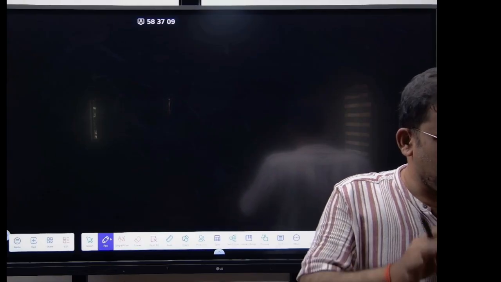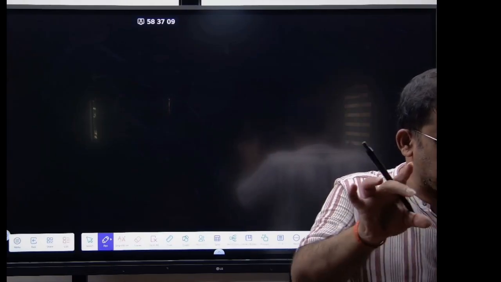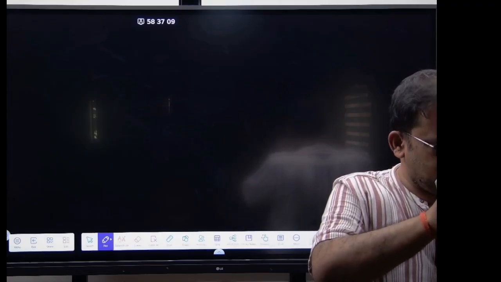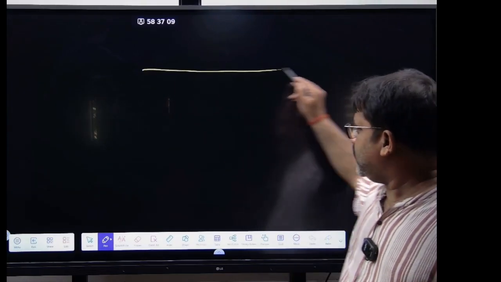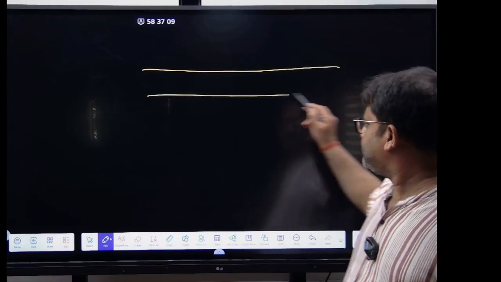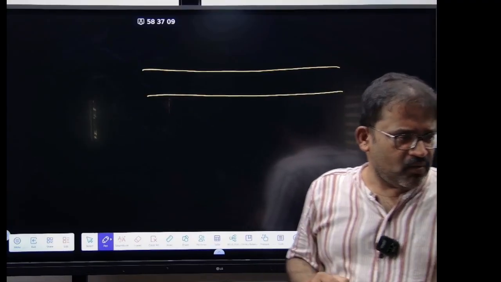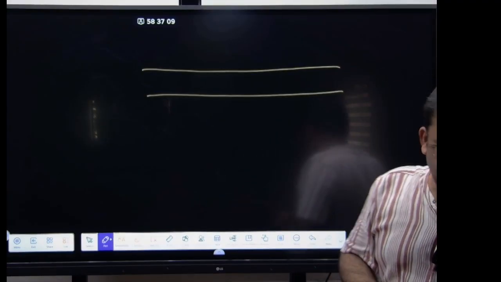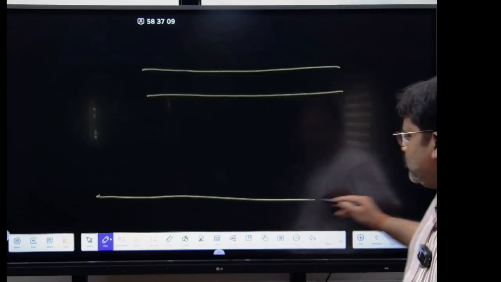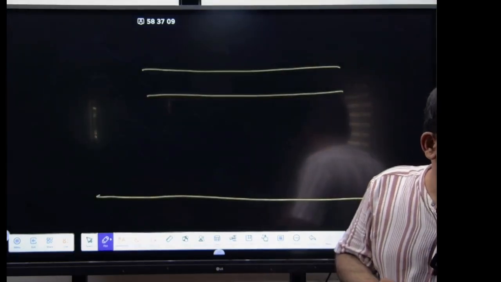Yes, first of all try to analyze the situation. Okay, we have got a certain pipe or connection, where the whole connection is horizontal. What is the meaning of horizontal? It means that it is parallel to ground.